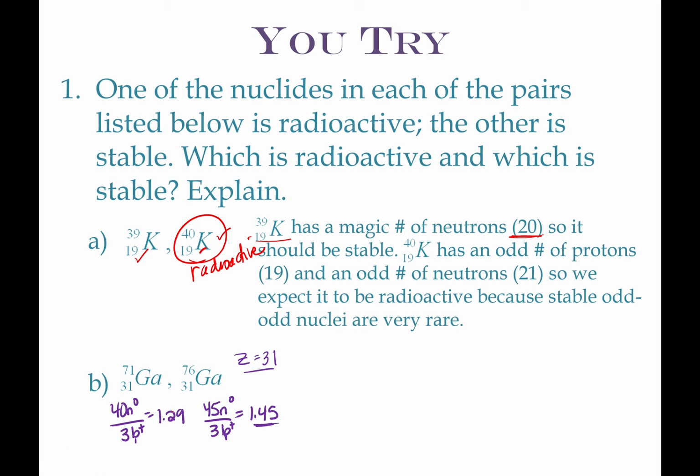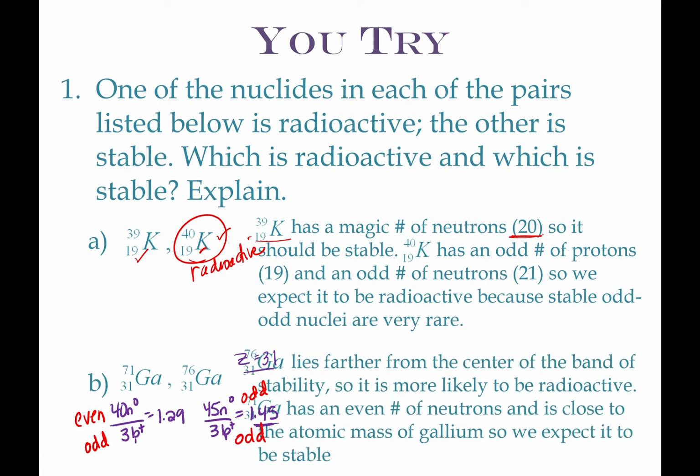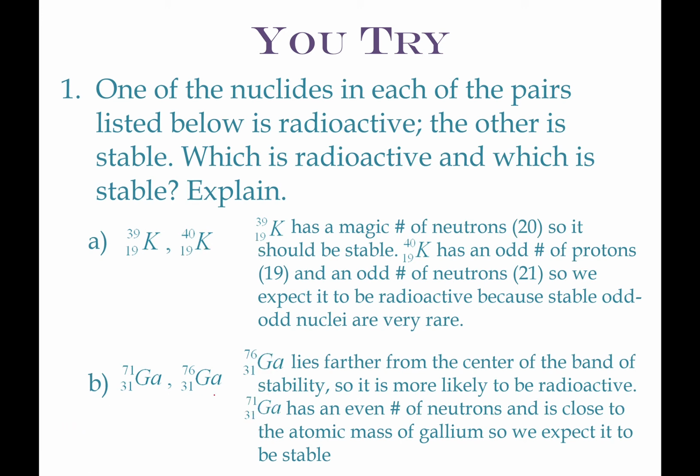Look here, we have an even, odd, and an odd, odd combination. So if I had to choose, I would choose the one with the odd, odd combination. Let me erase this for you. So this actually lies farther from the center of the band of stability. Like I said, it was 1.45 ratio versus 1.29.